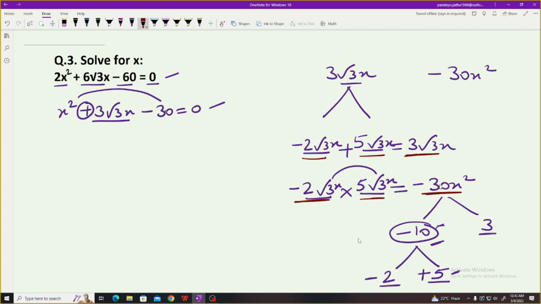So write the first term as it is, and the middle term we are going to write as minus 2 root 3x plus 5 root 3x, and write the last term as it is.